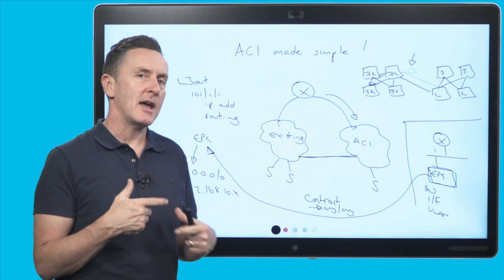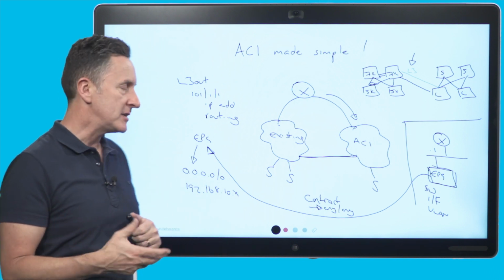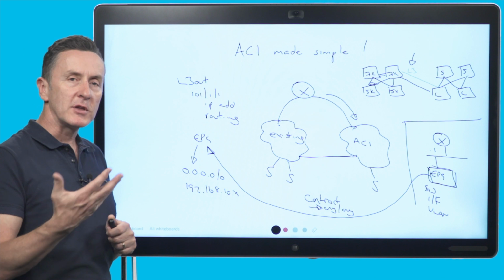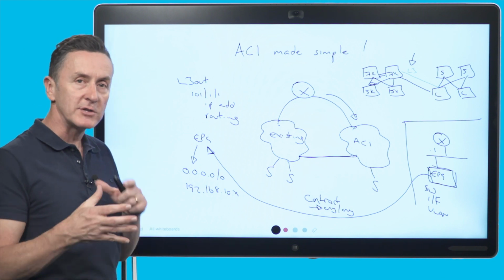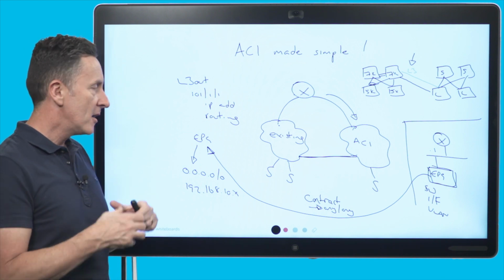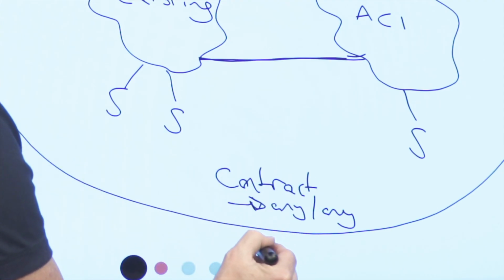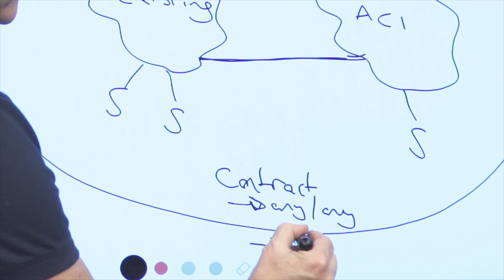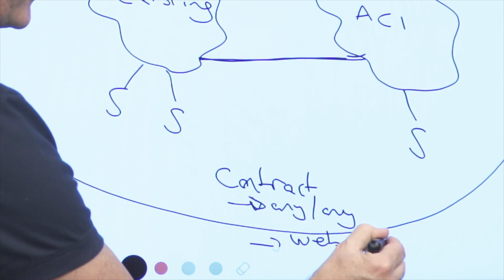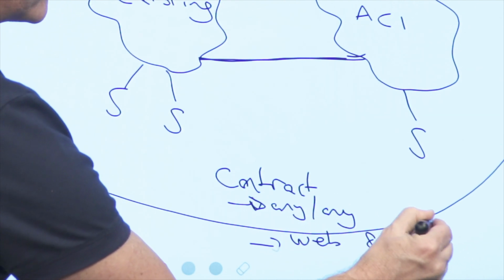And once you understand how these servers need to communicate, it might be that you use Tetration, for example, to discover this application mapping. Once you've discovered that, you might then change this from being an any connection to being maybe web traffic, so I'm going to allow port 80 or port 443.